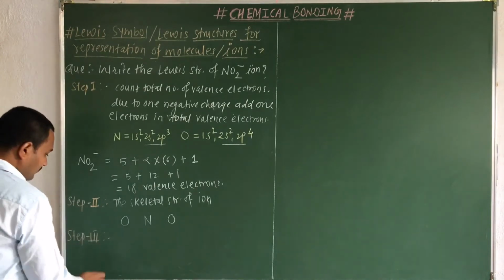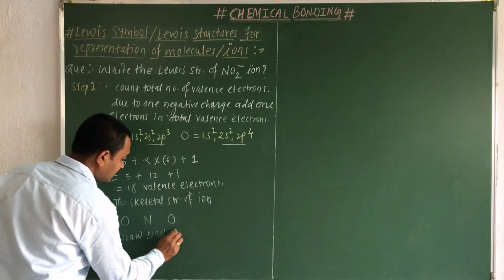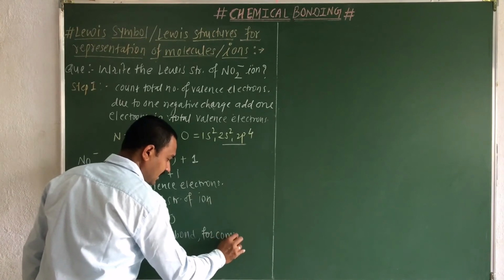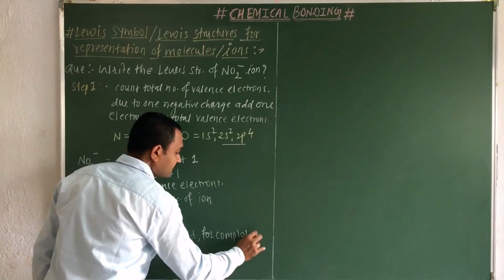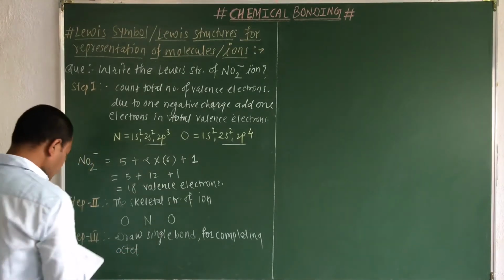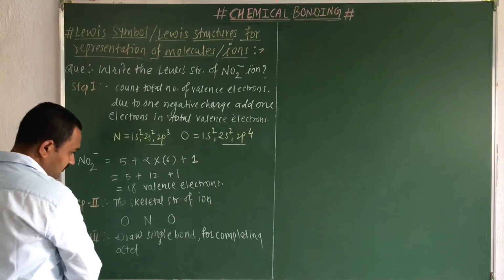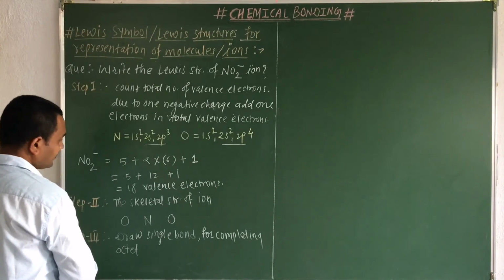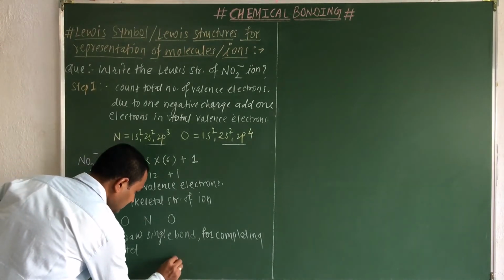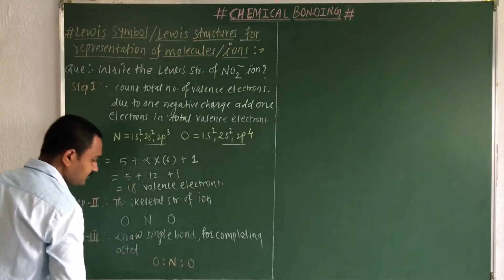Here we have to draw the single bonds for completing the octet. So here we will draw the structure like this: O N O.